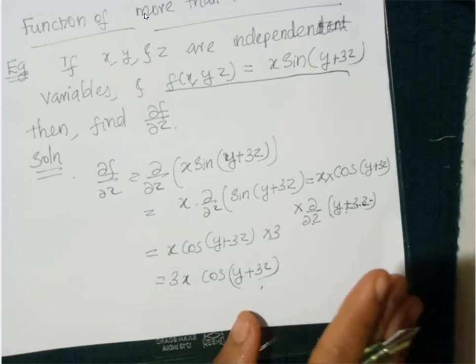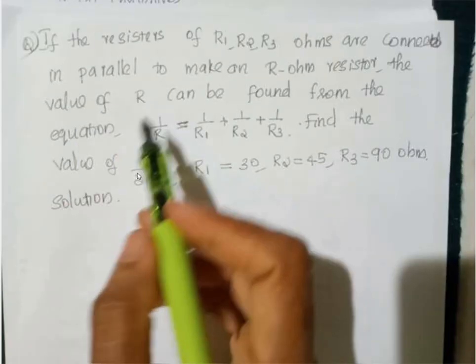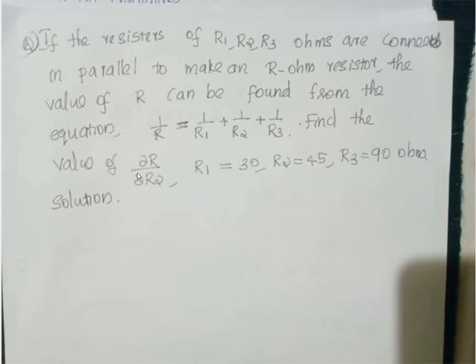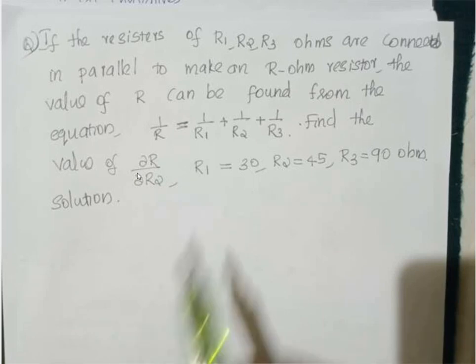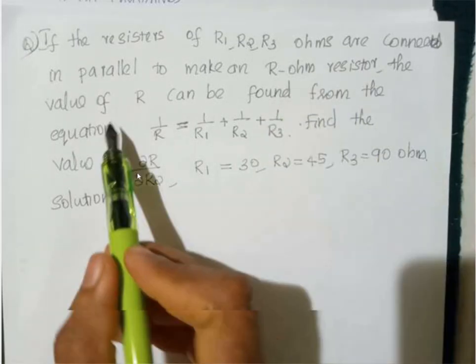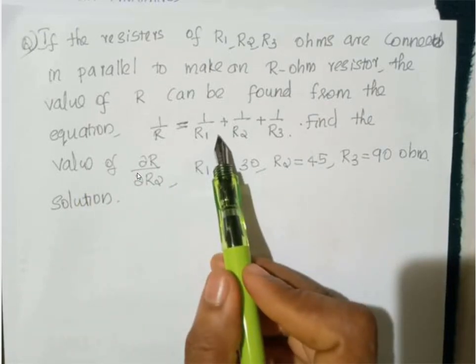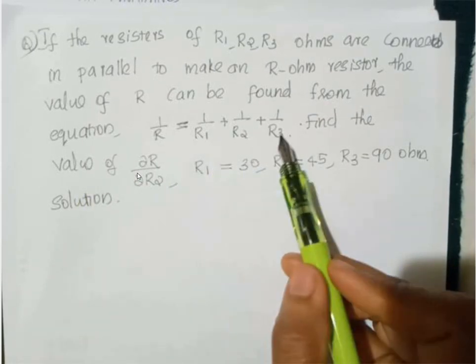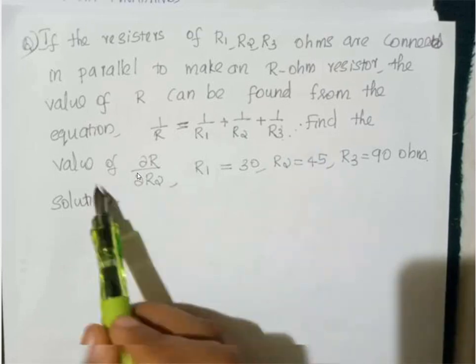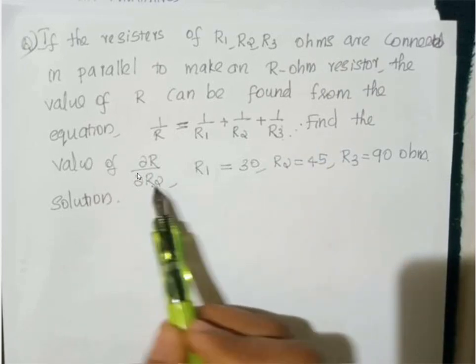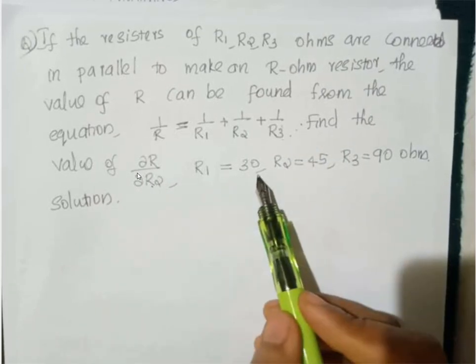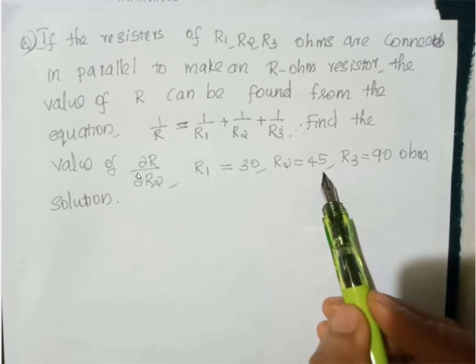One more question. If resistors of R1, R2, R3 ohms are connected in parallel to make an R ohm resistor, the value of R can be found from the equation 1/R = 1/R1 + 1/R2 + 1/R3. Find the value of ∂R/∂R2 if R1 equals 30, R2 equals 45, R3 equals 90 ohms.